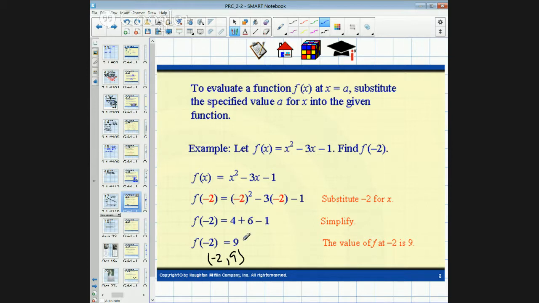And the answer is 9. So we say f of negative 2 is 9. What I love about that notation is that it's just like an ordered pair. Negative 2, comma, 9. So that's the advantage of function notation, it relates to an ordered pair really well. And we are all very familiar with ordered pairs.